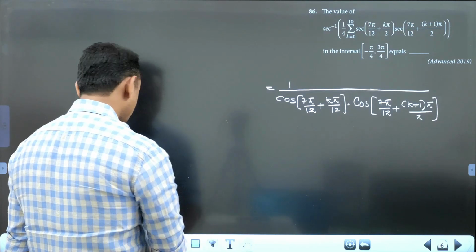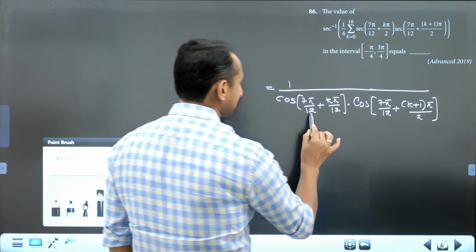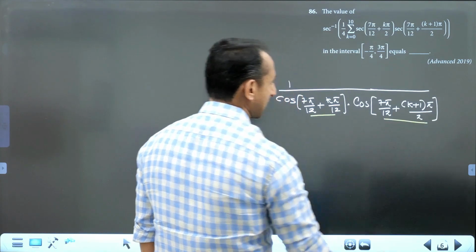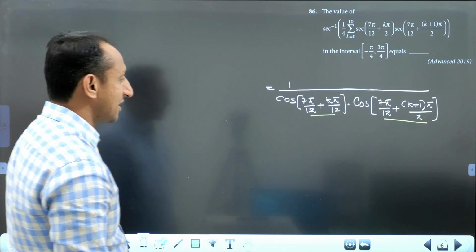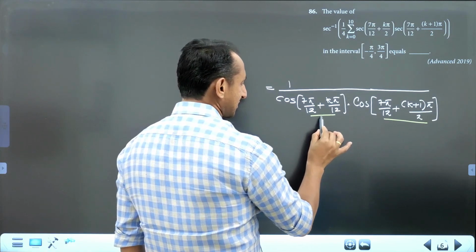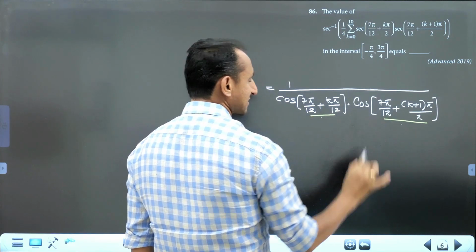Take these two angles. There is a similarity. I take this as x and this as y.